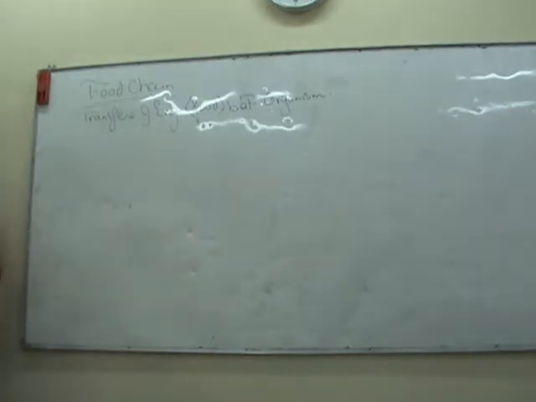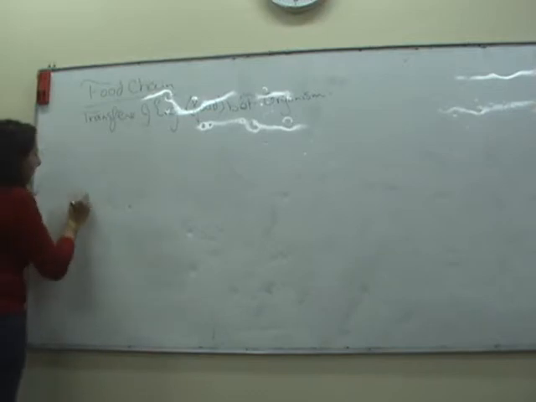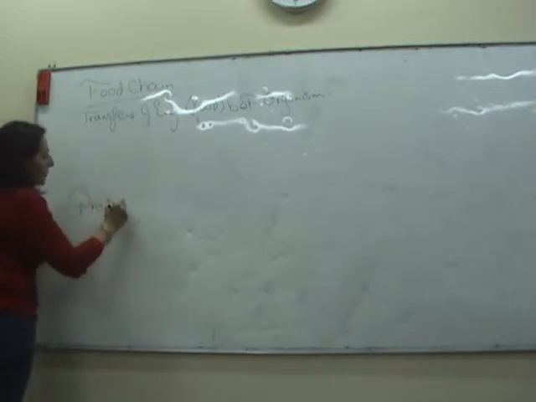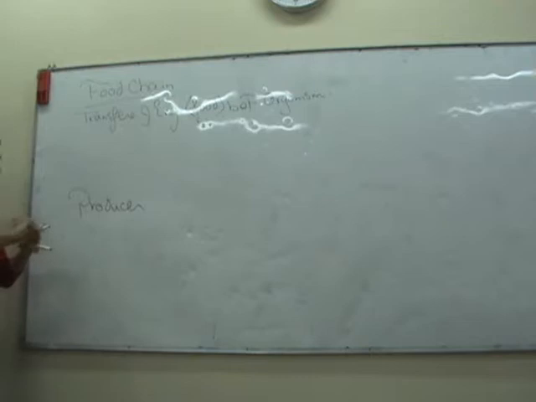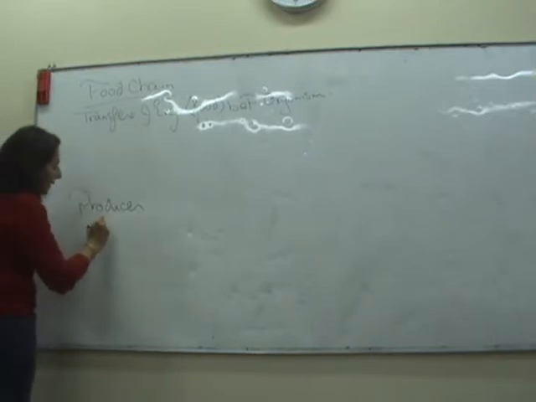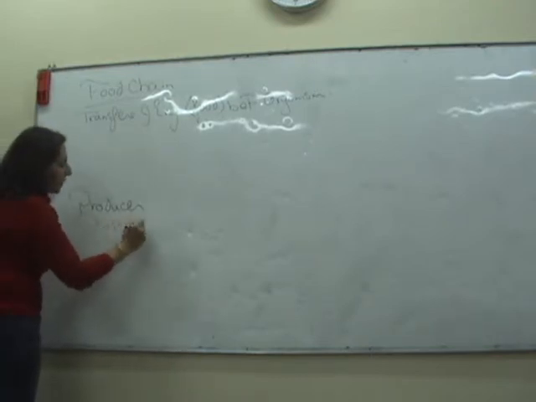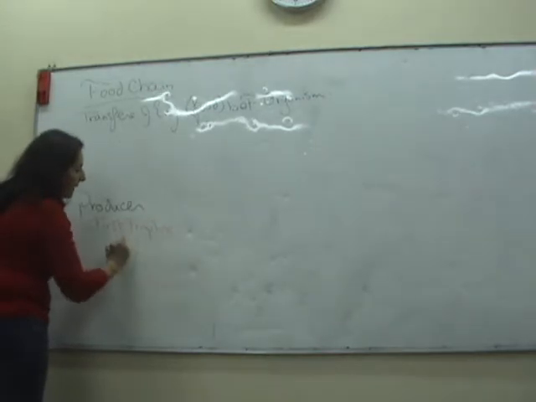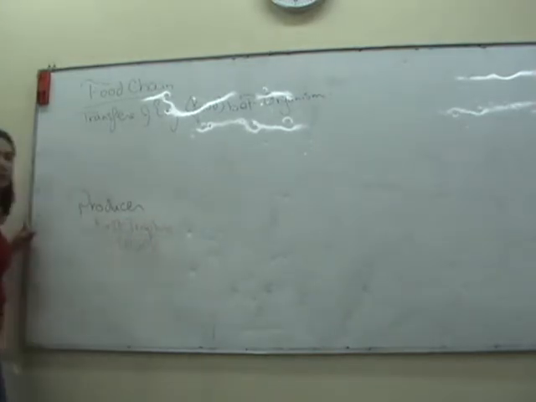In any ecosystem, the food chain always starts with a producer. The producer always occupies the first trophic level, the first feeding level.